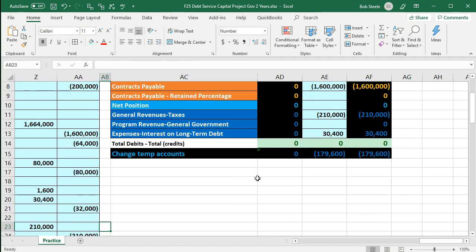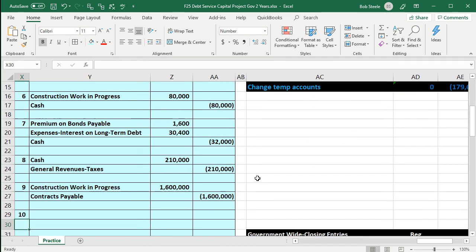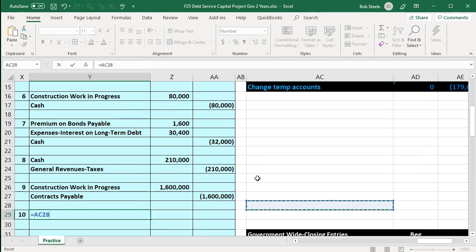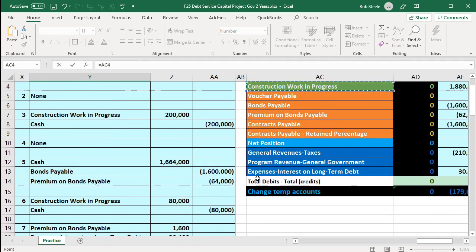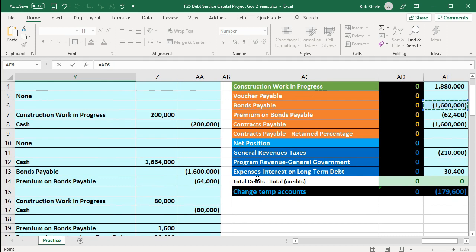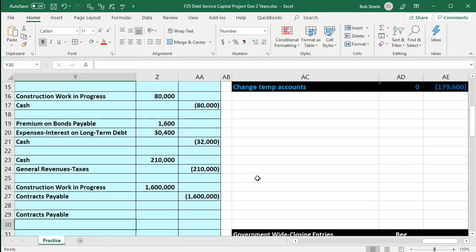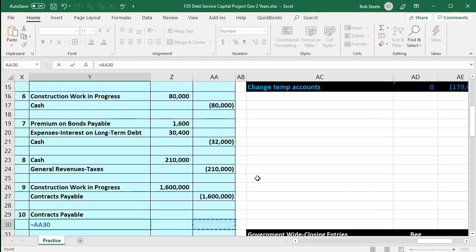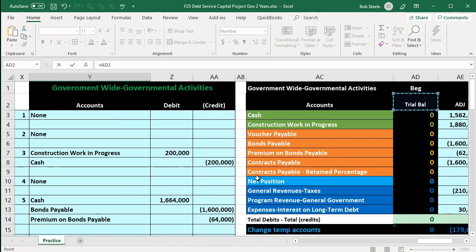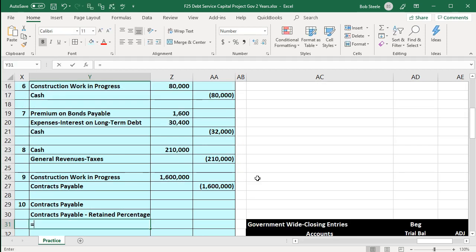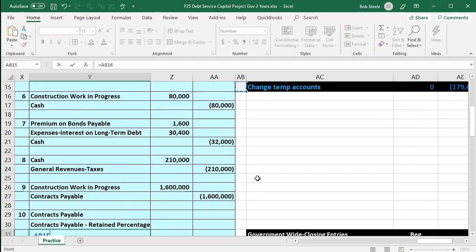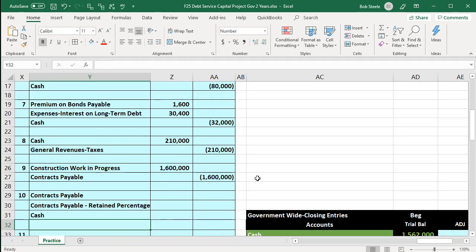All right, so we're going to debit the contracts payable in Y29, and we're going to pick up the contracts payable, and then we're going to credit the amount that we retain, and that's going to go into the contracts payable retained percentage. And then we're going to say that the cash is going to be the credit that we're going to pay out. Of course, we're going to pay out cash.